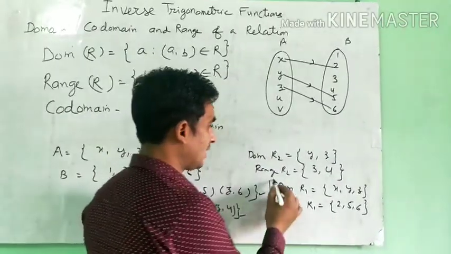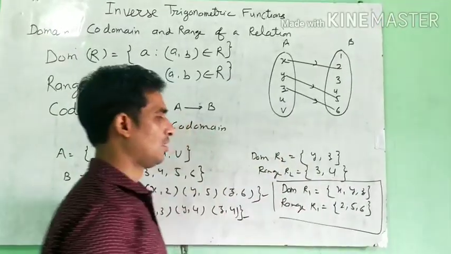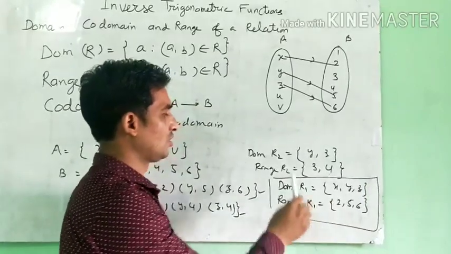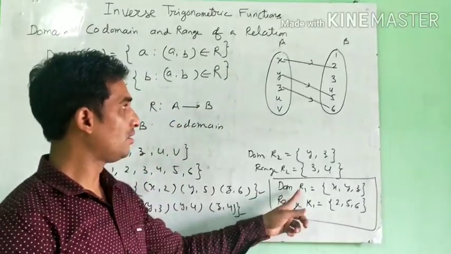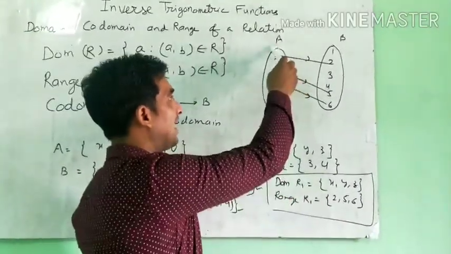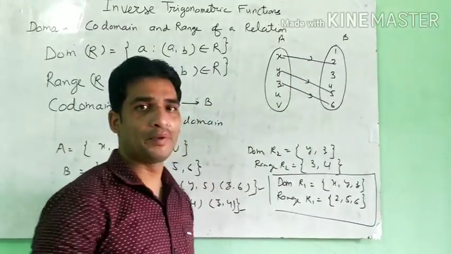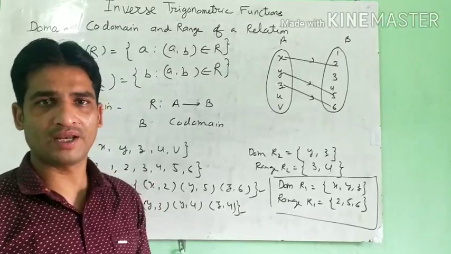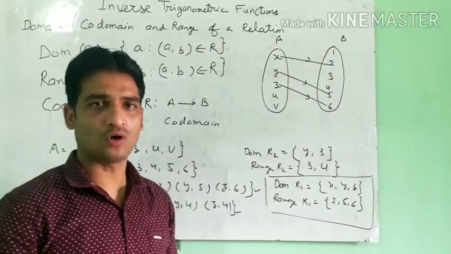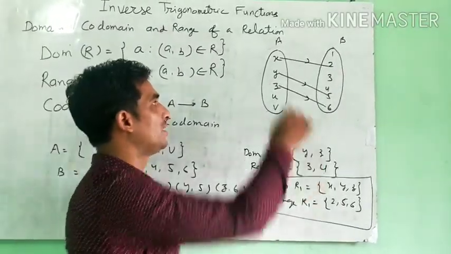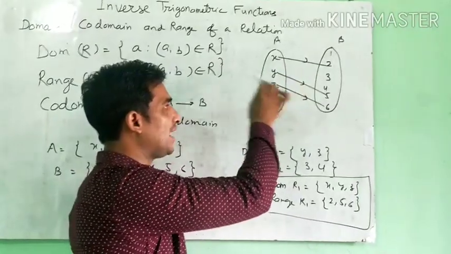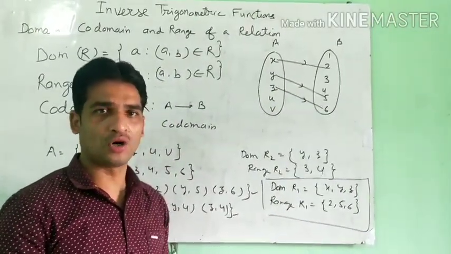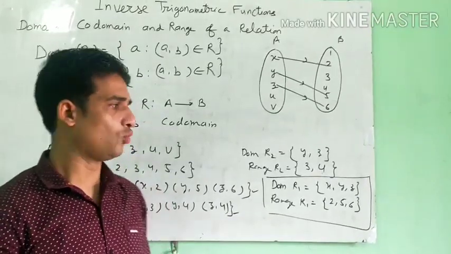Now if you consider domain and range, what is domain? Domain is the set of all pre-images. X, y, z are the pre-images because they are on the left side of the arrow.